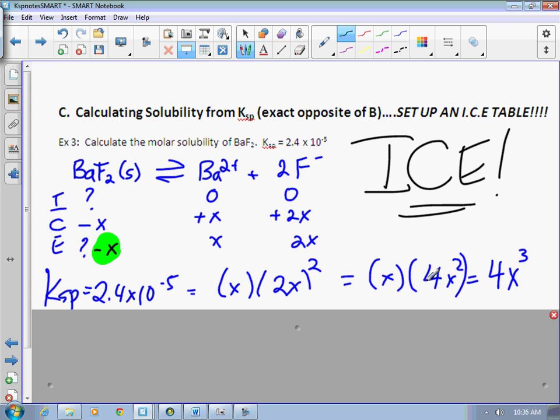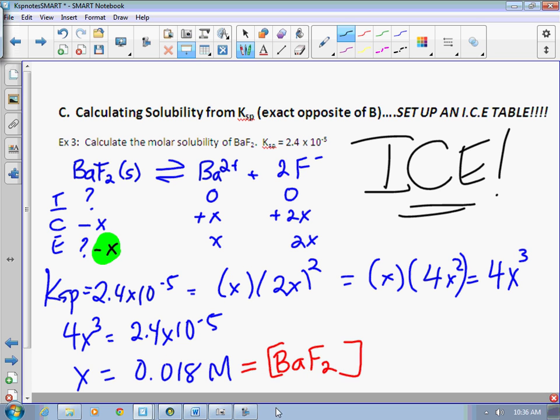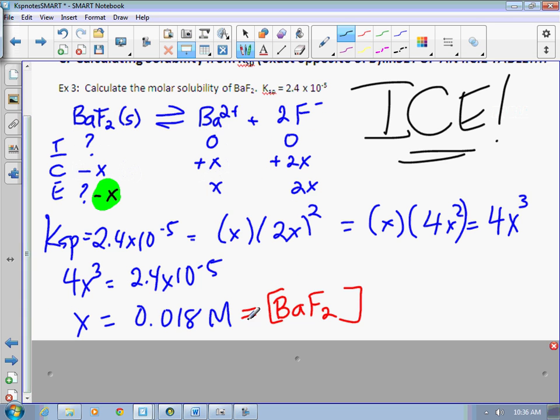All right, so you got to be really careful with that. Then you can go ahead and solve. So divide both sides by 4, and then take the 3rd root, or basically whatever quantity you have raised to the 1/3 or raised to the 0.333, and you get a value of x equals 0.018. So x, what does x equal? X equals a couple different things.